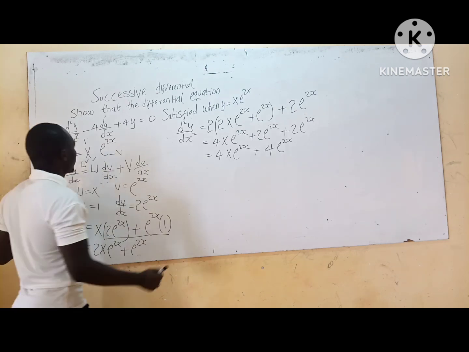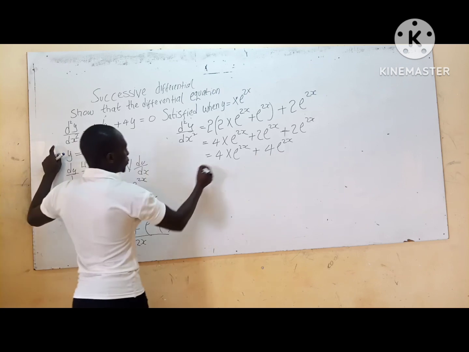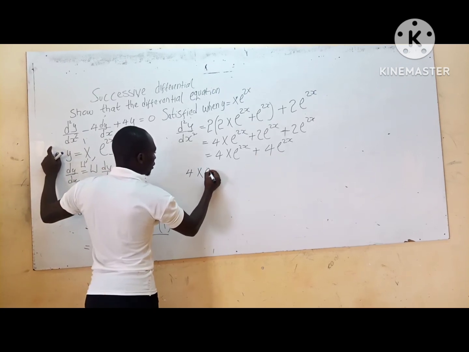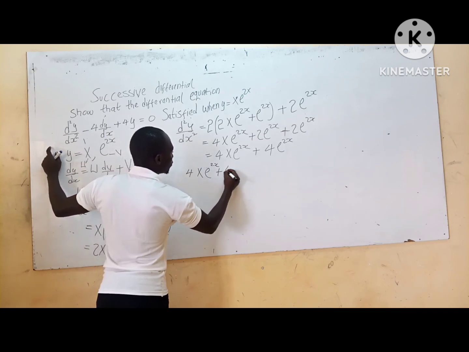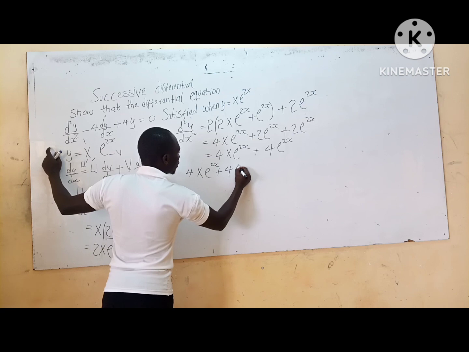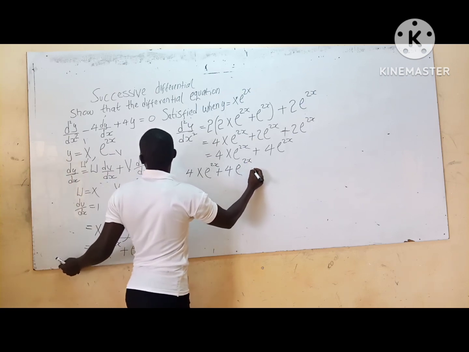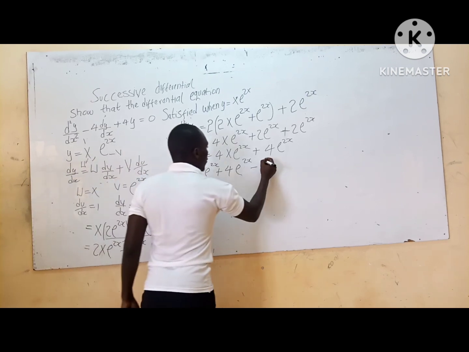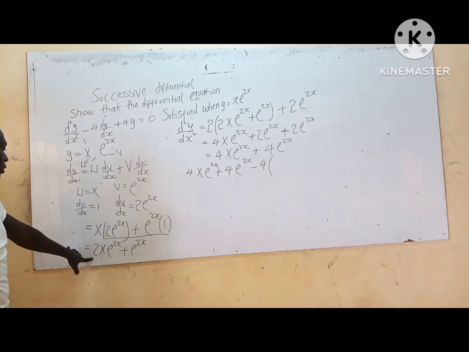Here we are going to have d squared y with respect to dx squared, which will be 4x exponential 2x, we add 4 exponential 2x, and here we are going to subtract 4 into this one.